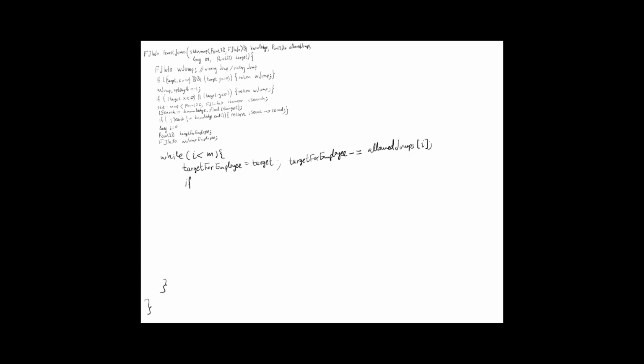So now if the point has both coordinates positive or 0, we have to do some work, otherwise we don't do any work. Our jump is impossible, so we will just increment I. But if the jump is acceptable, then we will first check whether we need to call the employee.